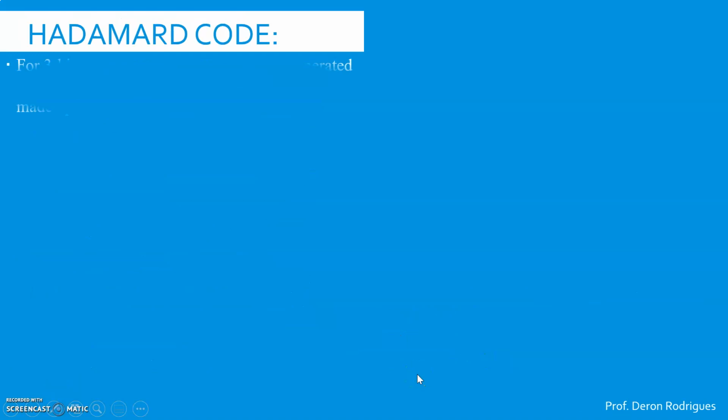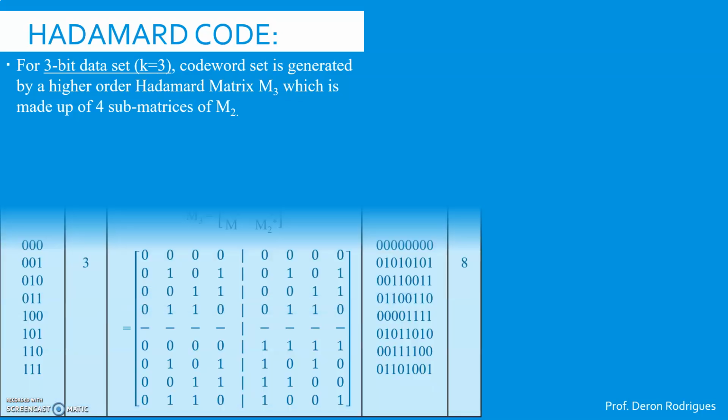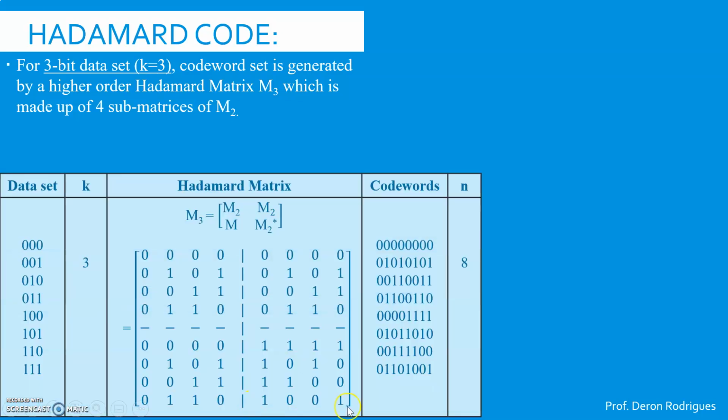For a 3-bit data set where k is equal to 3, we use the matrix of order 2 to get the Hadamard matrix of order 3. So we have it in this form: M2, M2, M2, and M2 star, which is basically the complement of M2.